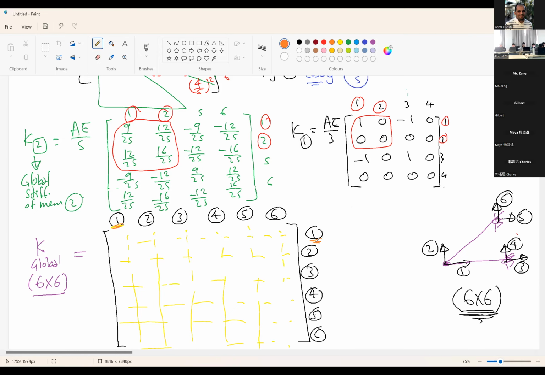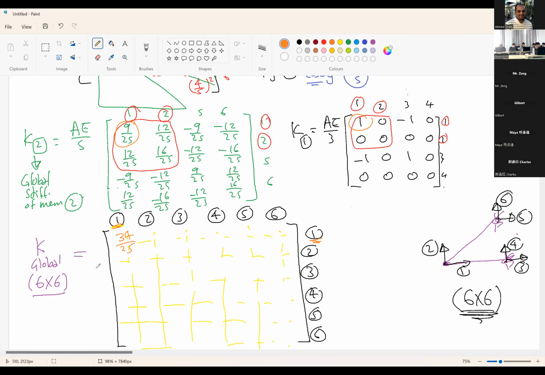So where can we find 1, 1? Here is 1, 1, and here is 1, 1. So this one will be 1 plus 9 over 25, which is 34 over 25.